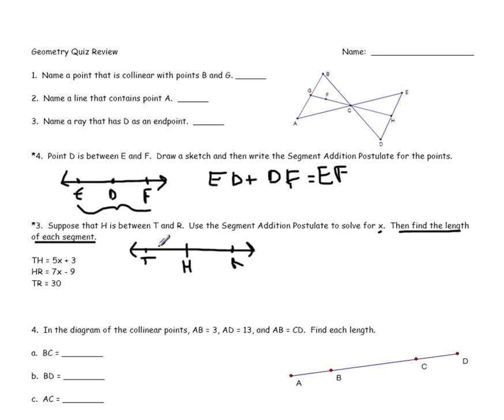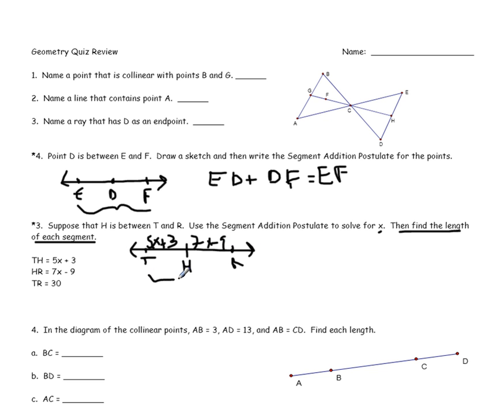So it's saying that T to H is 5x plus 3. And H to R is 7x minus 9.